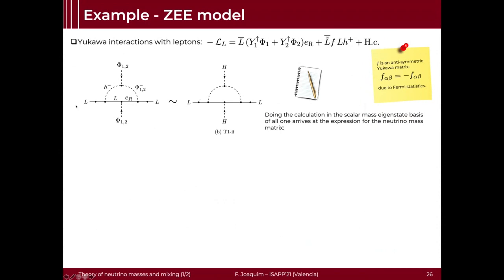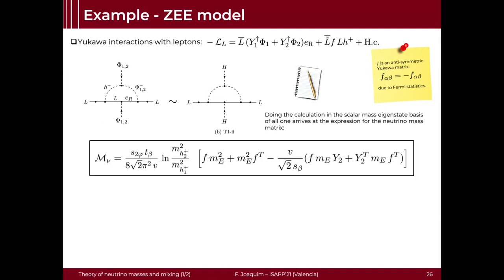Now you can see that in this case you cannot generate tree level neutrino masses. The lowest order contribution is this one, and this is an example of a topology of this type that was in the list of these genuine one-loop topologies. The effective neutrino mass matrix is given by this. This sin 2 phi is an angle which tells you how the charged scalars mix among themselves.